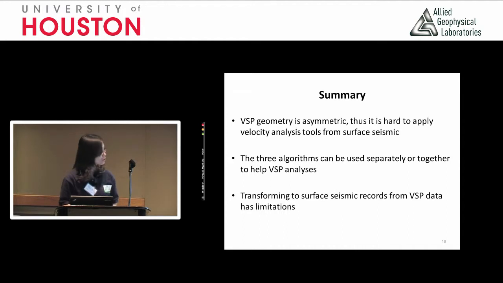It's hard to see here, but we have some future work about deepening layers, and I also put a figure about the 3D migration velocity analysis, but it's really hard to see from the slide. In future work, we will apply those algorithms on 3D VSP data, and hopefully we can have some good results and also extend these methods.